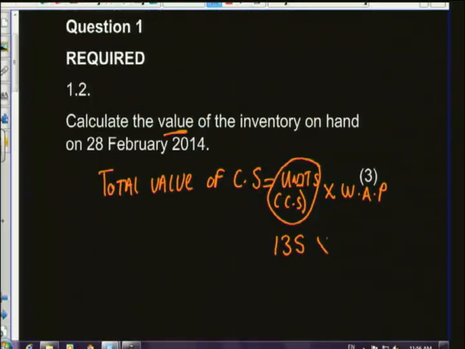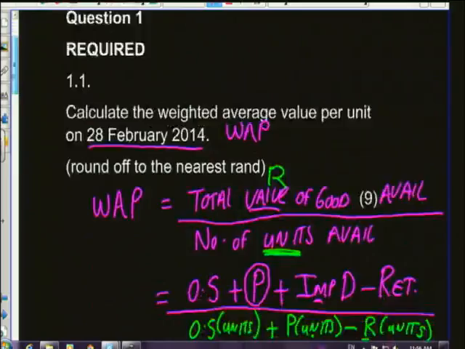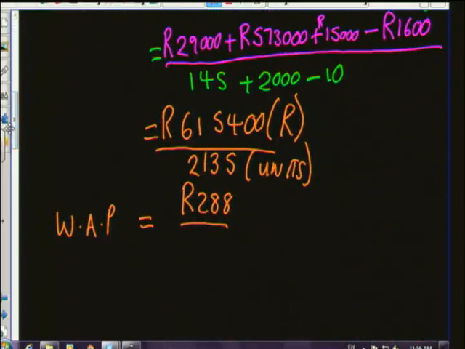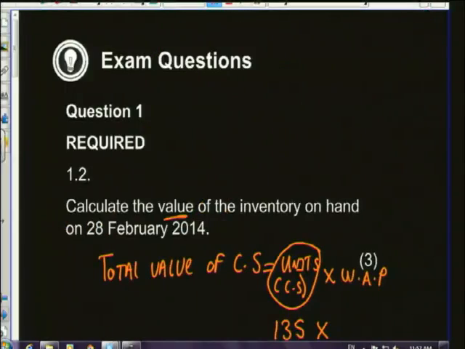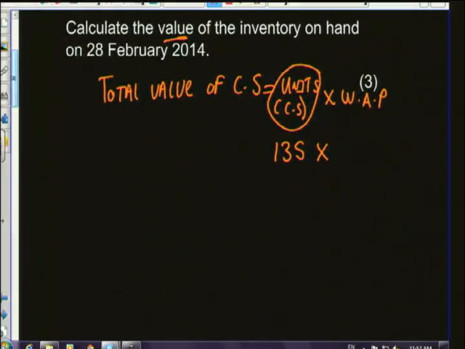We're now going to multiply this by our weighted average price, which we've already calculated in the previous question. If we go back, our weighted average price was 288 Rand per pair. So let's fill that in. We're going to multiply that by 288 Rand, and that's going to give us our value of closing stock.